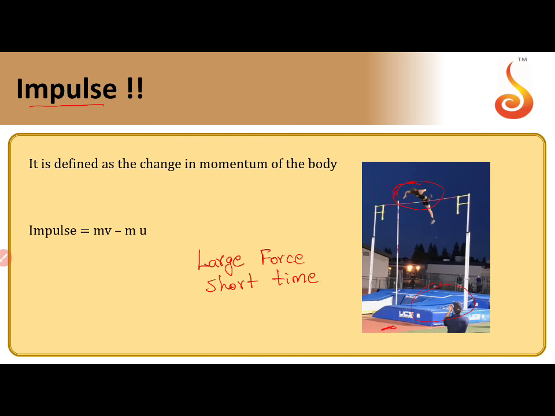Suppose this gentleman or lady falls from such a height directly on the ground. There is a large force acting on the ground for a short interval of time. Its impact is very, very high. That is why the player will catch the ball and drag the hand back. So he is going to take some time for the force to act on him.